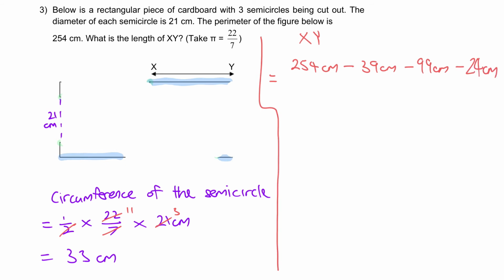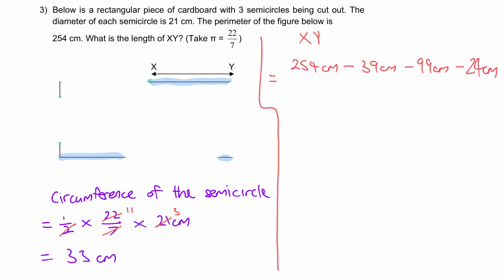Am I done? Not yet. I'm still left with these two things over here. This 21 is out of the picture, since it's a dotted line, so let me remove it. What are these two lengths? Remember, initially this whole thing is 39 cm, and this being the diameter, which is 21.